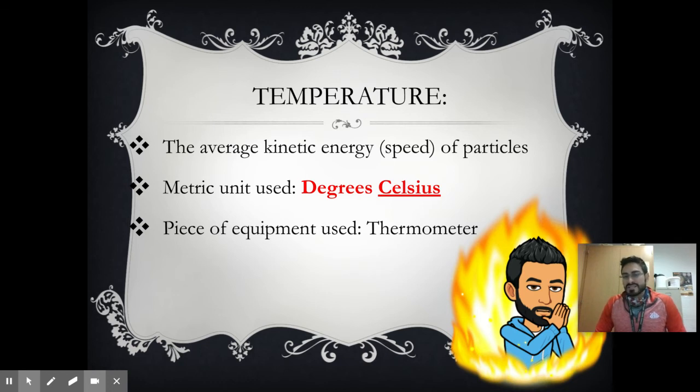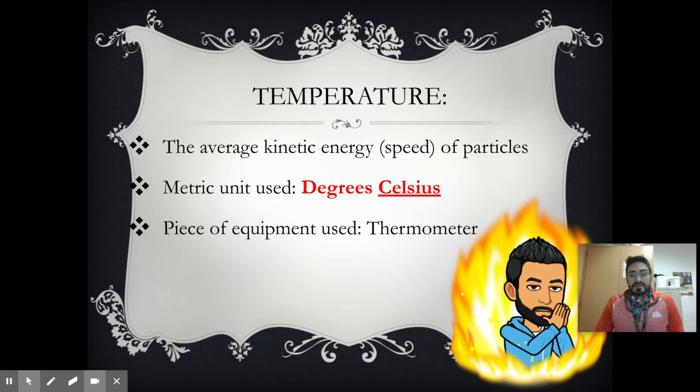So the more kinetic energy something has, the more speed its particles have. So as you speed up the particles in something, it actually raises the temperature. That's why water boils, and it has a lot of motion involved with it. So it's the average kinetic energy of the particles in something. The unit we use for the metric system is degrees Celsius, not degrees Fahrenheit.